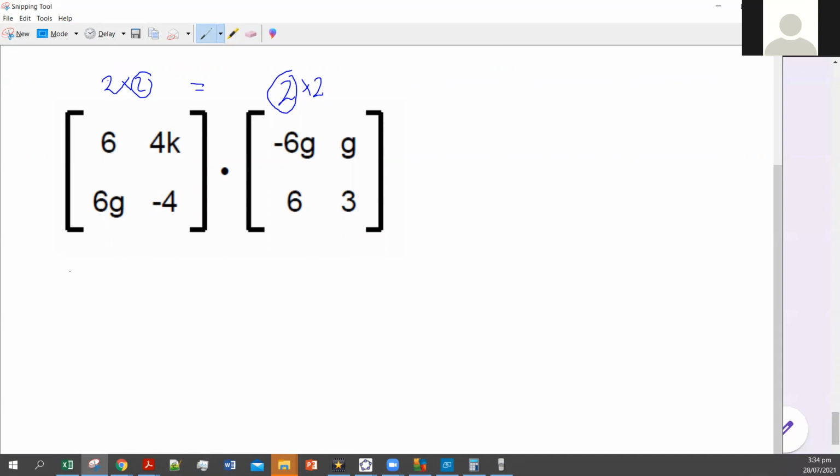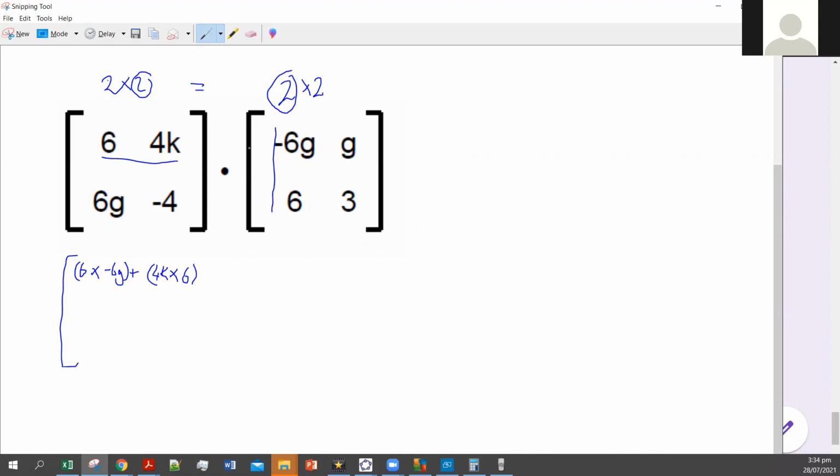So let's start here at the bottom. So the first row will be 6 times minus 6g, all right, plus 4k times 6. So it's the row by the column.